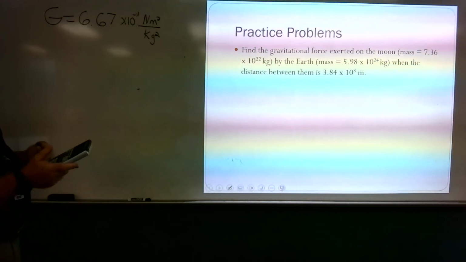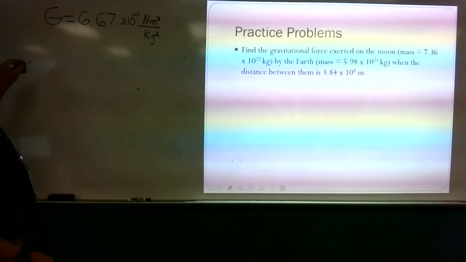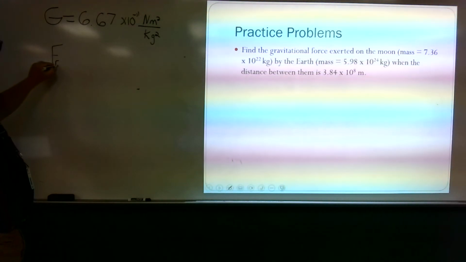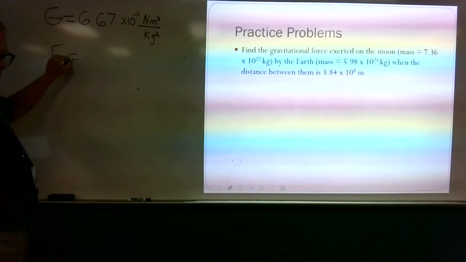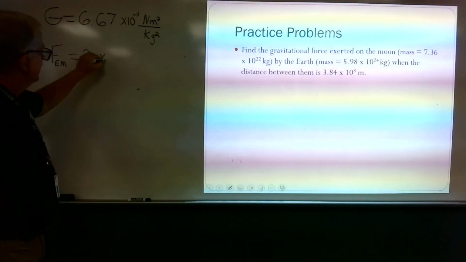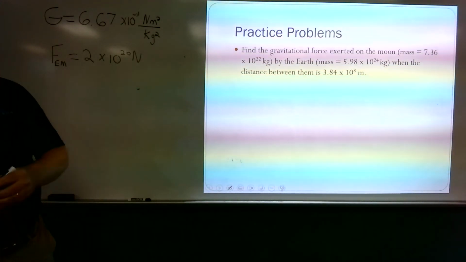And the answer is 2 times 10 to the 20 newtons. Force of the Earth on the moon is equal to 2 times 10 to the 20 newtons. There we go.